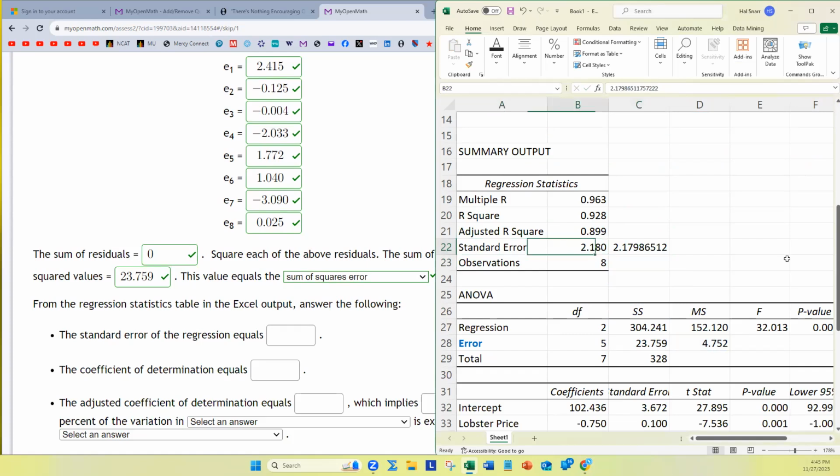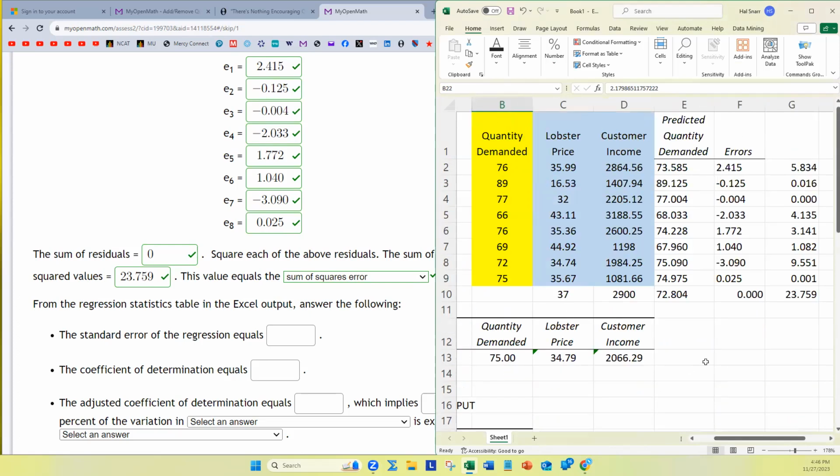You can think of this, right? This value here is a standard deviation. You can think of this value right here as the standard deviation in the errors, right?